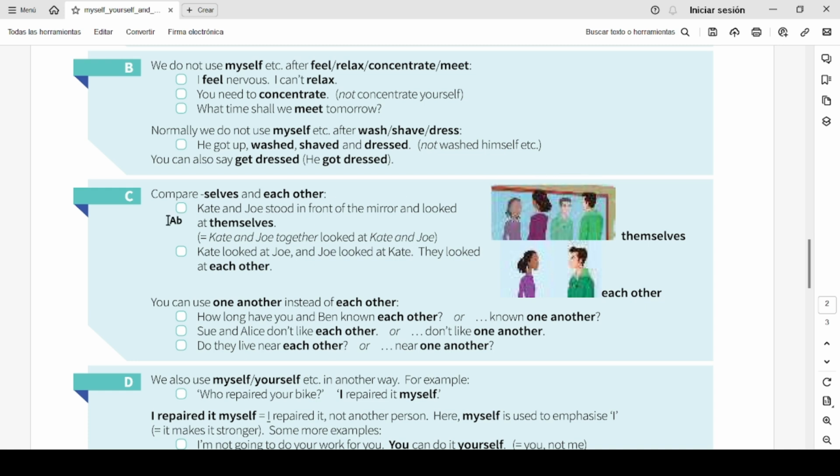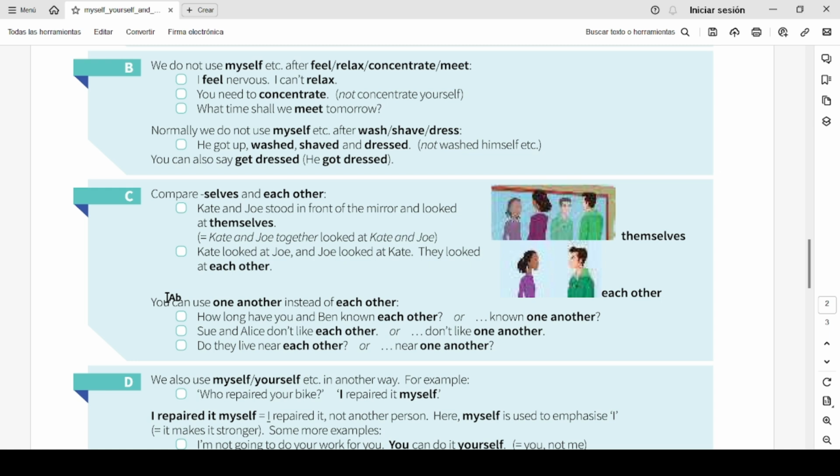Kate and Joe together look at Kate and Joe. The other example is totally different. Check it out. Kate looked at Joe and Joe looked at Kate. They look at each other. That's totally different. Check it out. That's different, themselves versus each other, right?